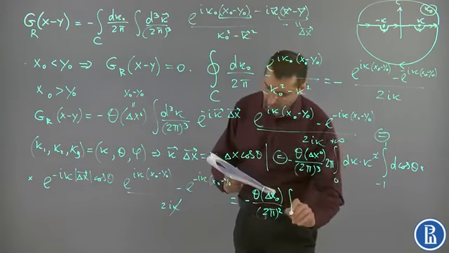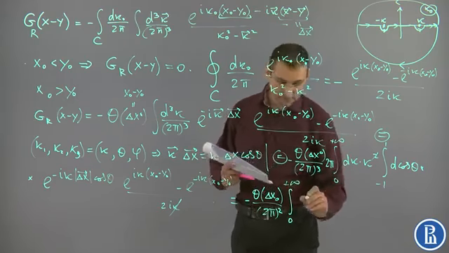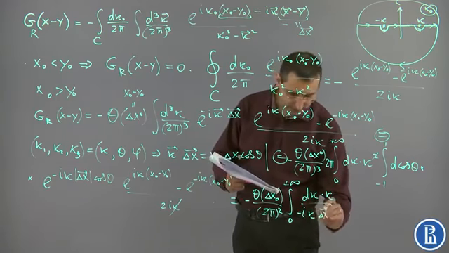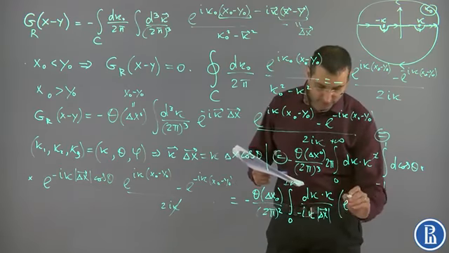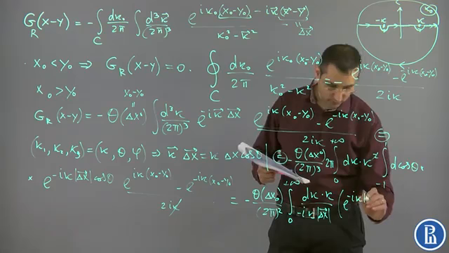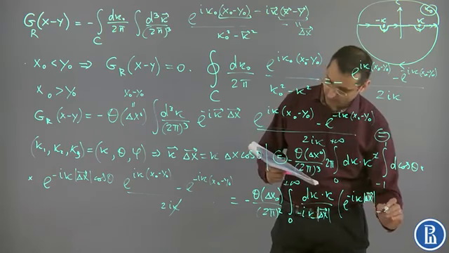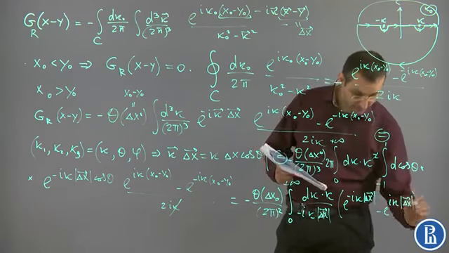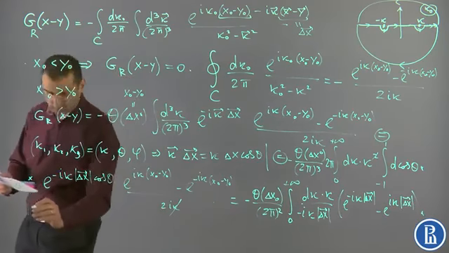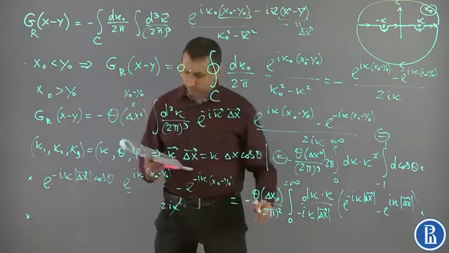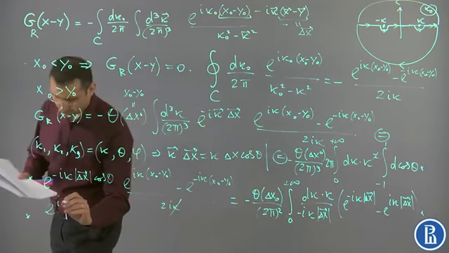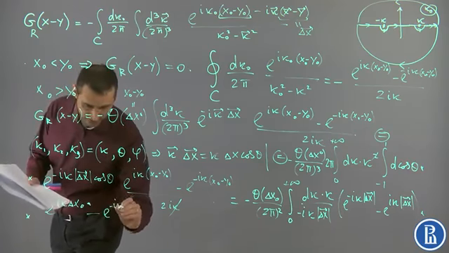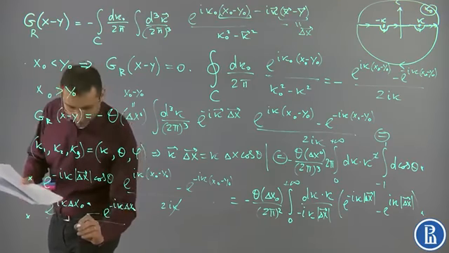What remains is the following integral over dk: dk times k divided by I minus ik modulus of delta x, exponent of minus ik modulus of delta x minus ik modulus of delta x, multiplied by the exponent of ik delta x0 minus ik delta x0, divided by 2i.